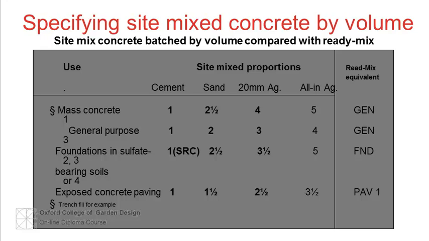The general purpose mix is 1 of cement to 2 of sand to 3 of 20 mm nominal coarse aggregate. Sand changes volume according to its water content. For concrete proportions, it is assumed to be damp. The table in the slide shows typical site mixes and their uses and compares them to the equivalent ready-mix references.